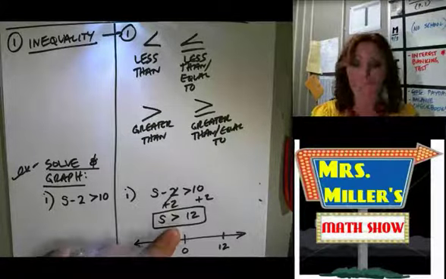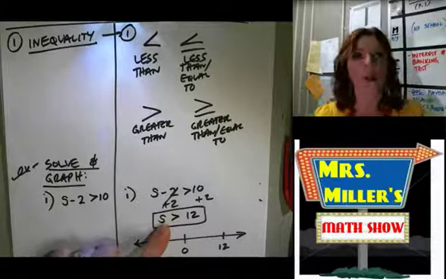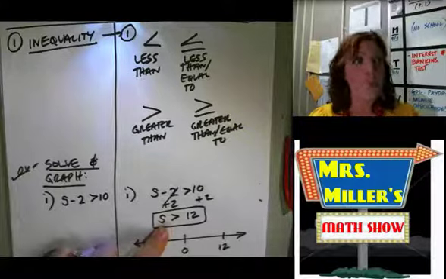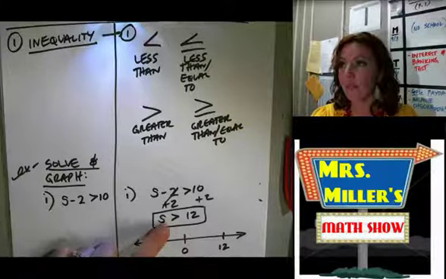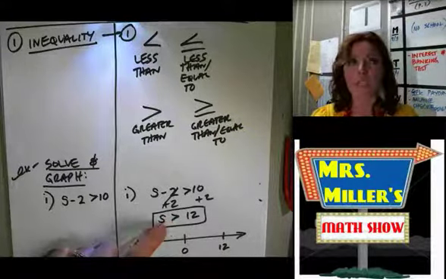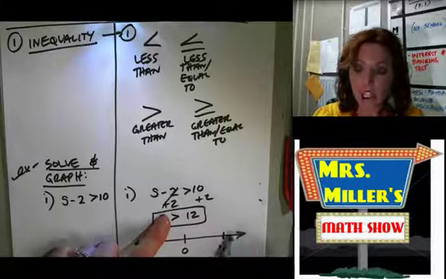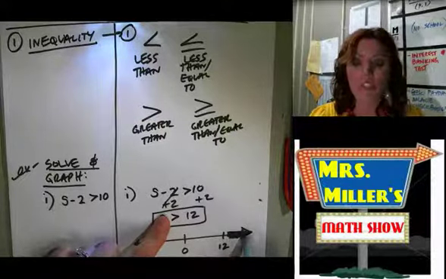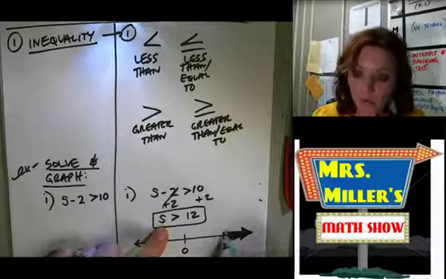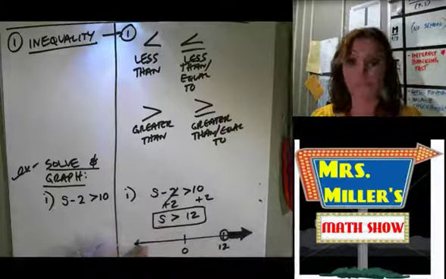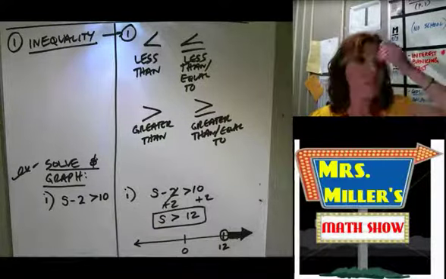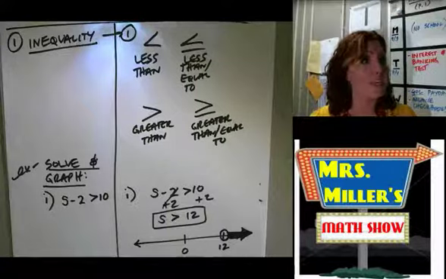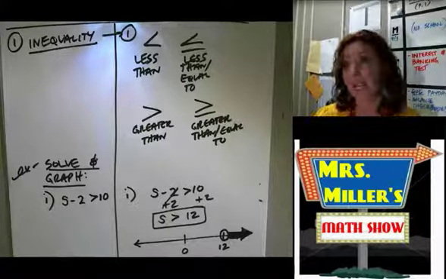Okay, now, if it's greater than 12, is 12 greater than 12? No. How about 13? Yes. So we're shading everything to the right of 12, but 12 is not greater than 12, so we have an open circle on 12. Does that make sense? So that's the extent of what we're doing today. Any questions?